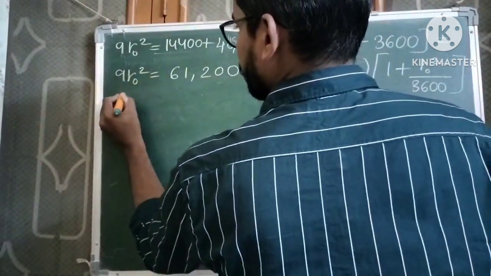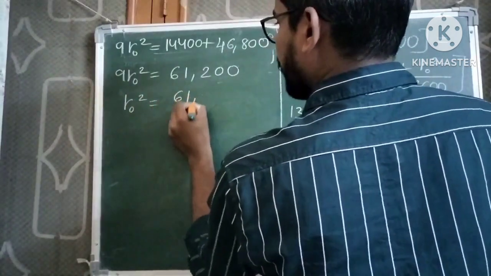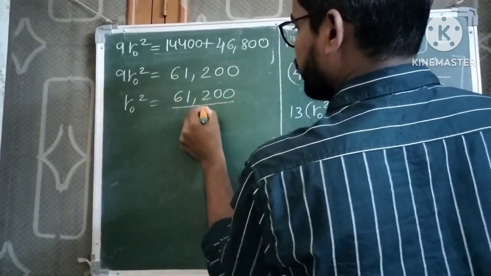So R naught square is equal to 61,200 divided by 9.